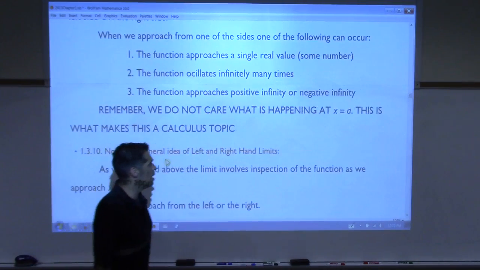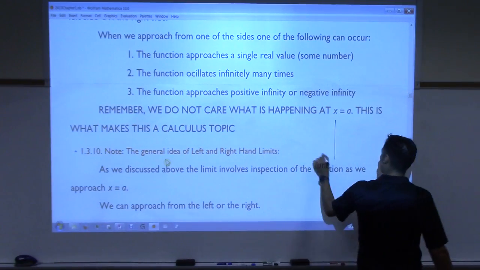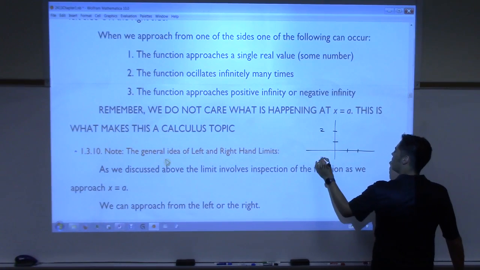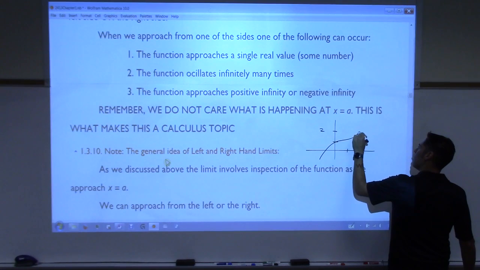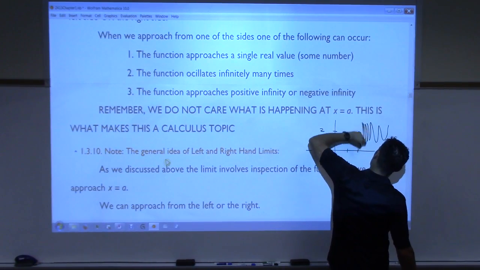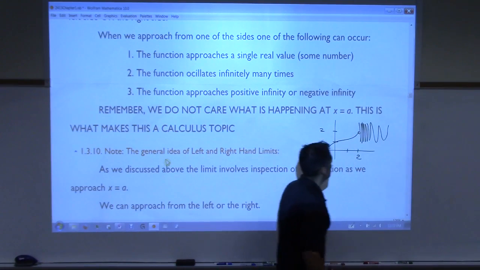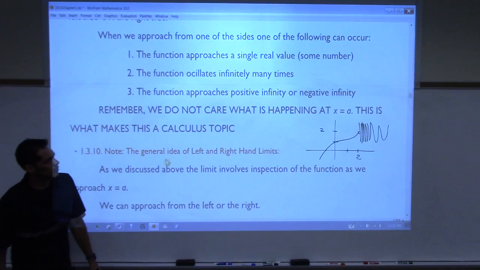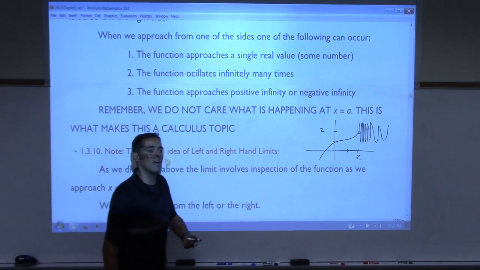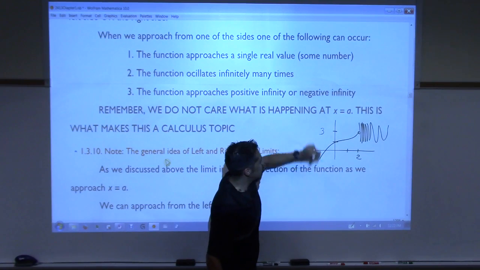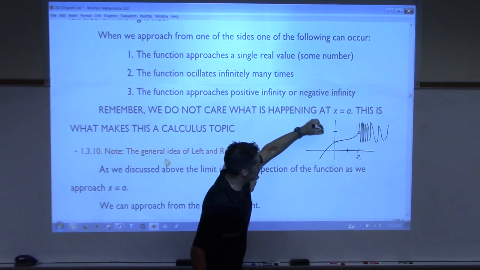Now, I've given a problem like this on a test before, where I had a curve that did something like this, like that, and I asked for what's going on at 2. Okay, so what's the limit from the left of 2? Let's change that to a different number so people don't confuse it. Let's say that's 3, okay?